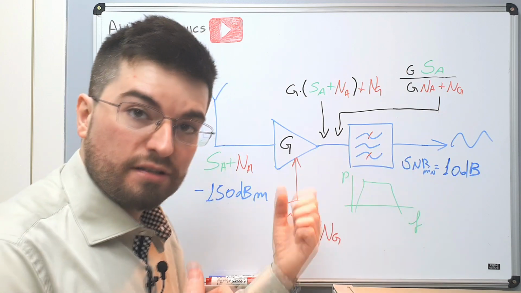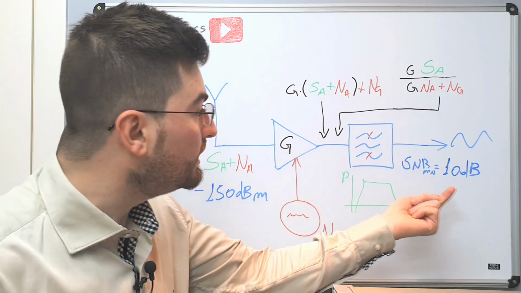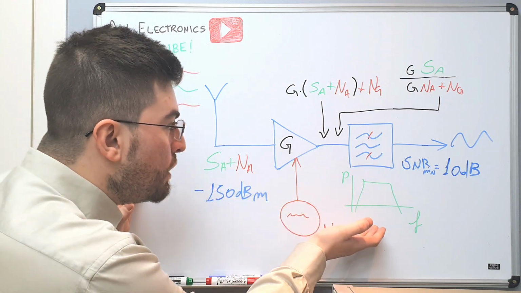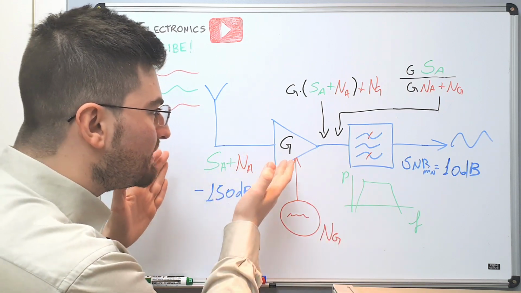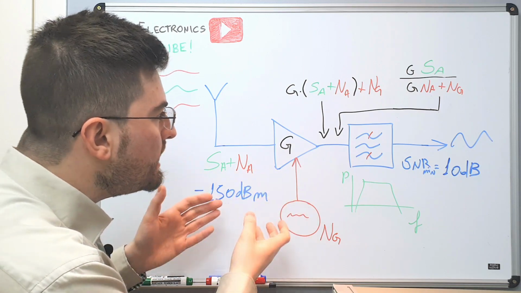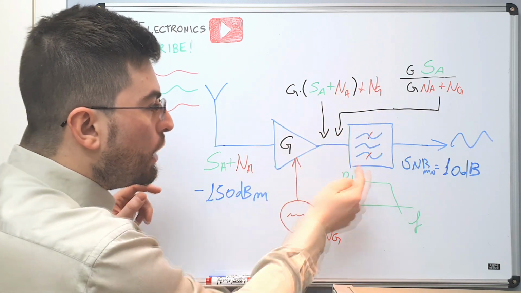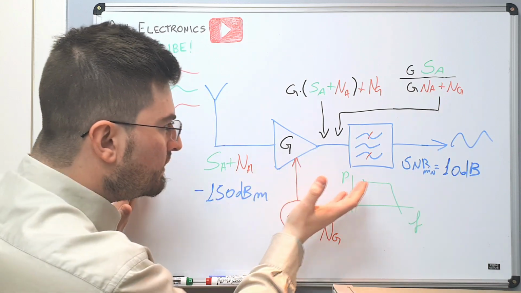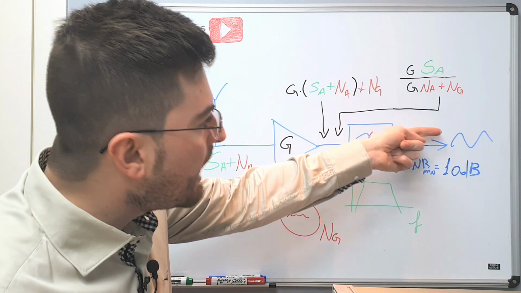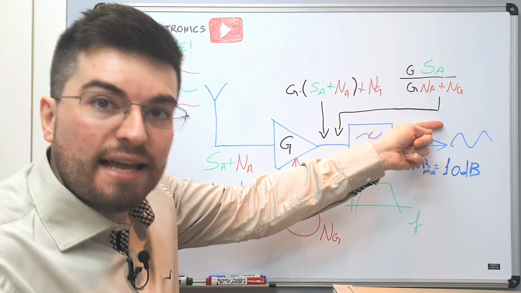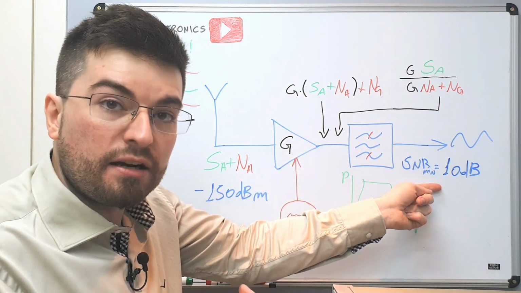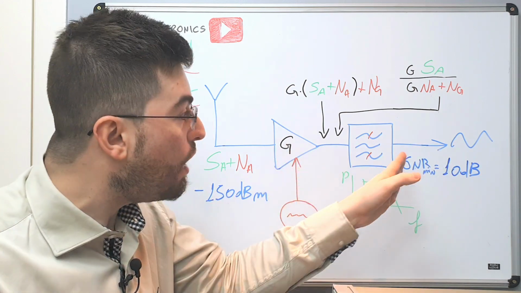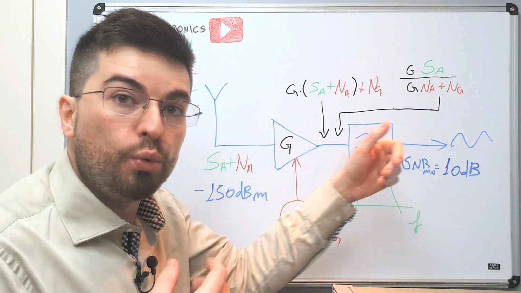This means that ourselves, as the engineers of this front end here, we need to create a topology where we are amplifying the signal without degrading the signal to noise ratio, to accomplish this figure here. We need to create a front end that is delivering a signal power that is at least 10 times higher than the noise power here. Because if we don't do this, all the rest of the demodulator will not work.